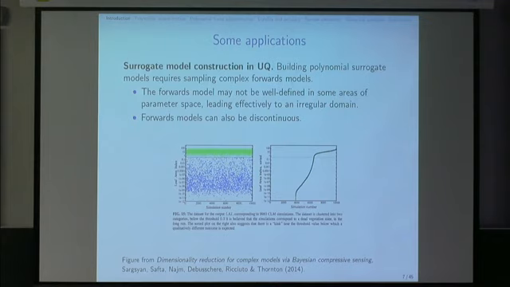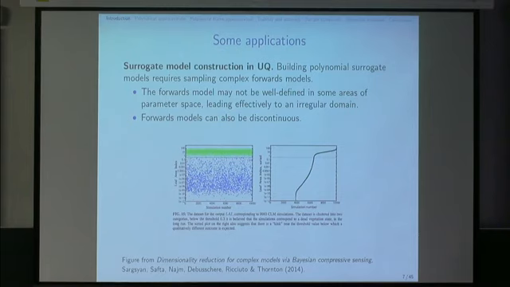So what I've included here is a picture taken from this paper where they are looking at this climate land model, which is admittedly something I know nothing about, but the point is that when they do this, they sample uniformly on a cube, and roughly about 20% of their evaluations fail because the domain of the function that they're trying to approximate is actually irregular.